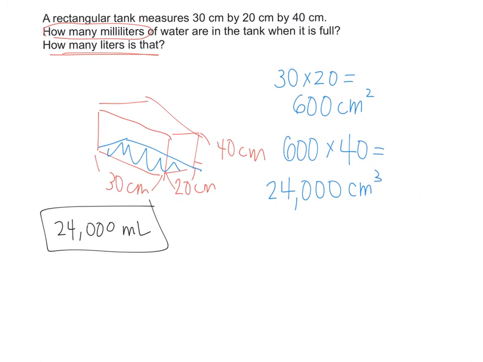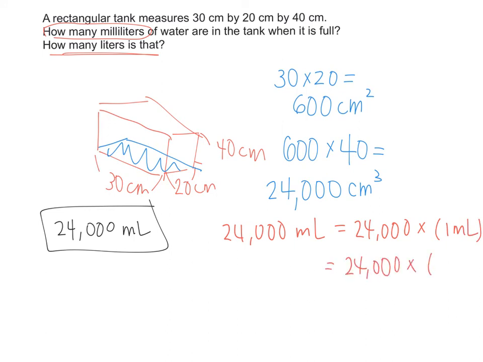In order to do that, we need to use what we know about unit conversions. We know that 24,000 milliliters is equal to 24,000 times 1 milliliter. Very good. Which is equal to 24,000 times how many liters? 1 milliliter is what? 1/1000th.